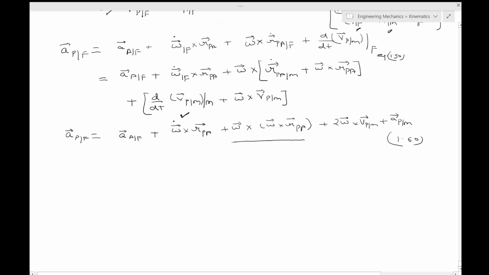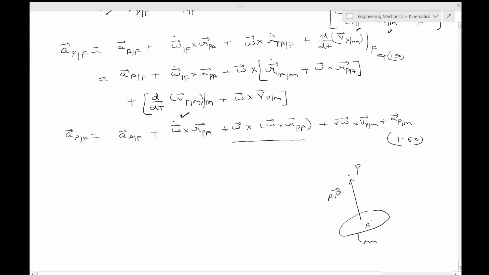So if this is the frame M, this is the point A fixed over here, and this is the point P. So this vector is PA, or this vector is AP. So this is vector AP, and you have this written over here.